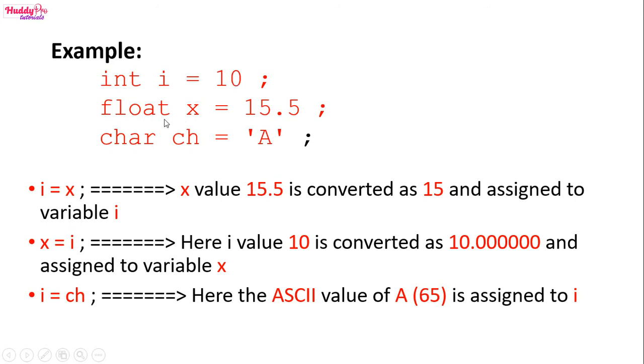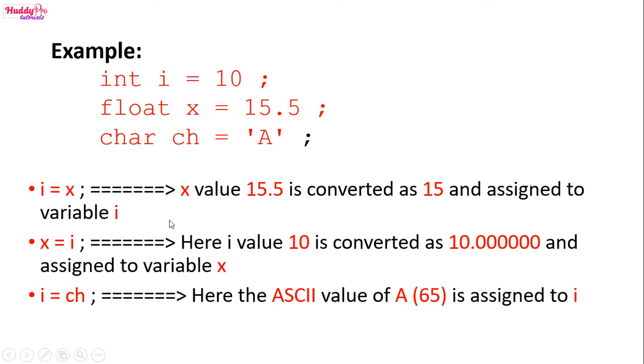Here we are declaring variable x with a float data type, and we are assigning it a float value of 15.5. Then we terminate, and here we are declaring a variable called ch, and this ch has the char or the character data type. And remember, for character we enclose the value in single quotes, and then we terminate. So this character variable, the ch, is assigned a value of a.